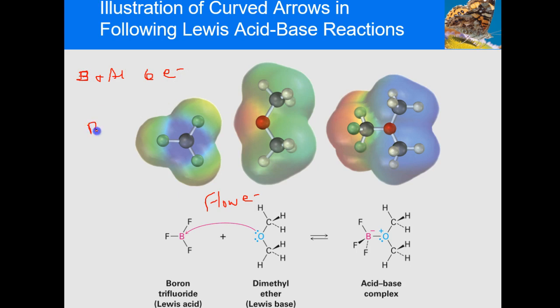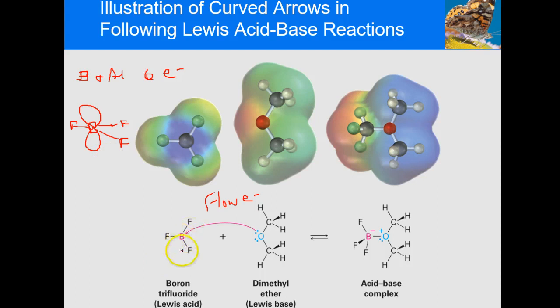So boron is attached to the fluorines, like in this case boron trifluoride, and it has this empty p orbital. Now this is the same for aluminum, AlCl3. You have 6 electrons, 2 here, 2 here, and 2 here for a total of 6, and you have this empty orbital. Now boron can go to octet, so can aluminum. It can accept 2 more electrons, but it's neutral and it's happy with only 6.